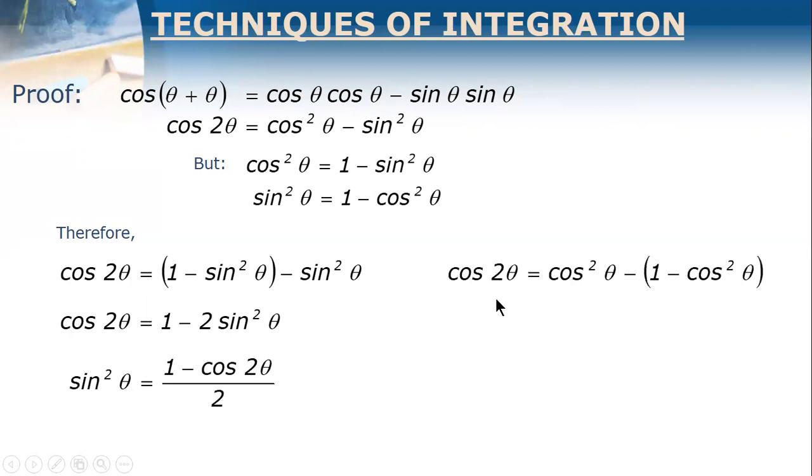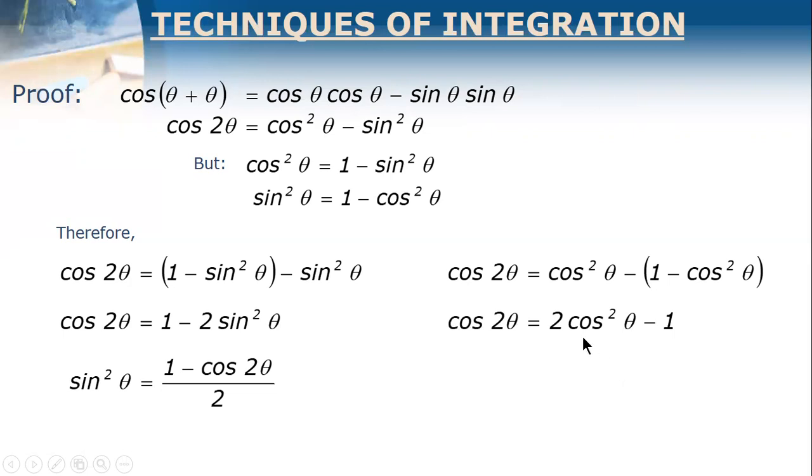Now, the second one is sine squared theta to be replaced by 1 minus cosine squared theta. The cosine squared theta becomes positive, negative times negative is positive, so this is what will happen.